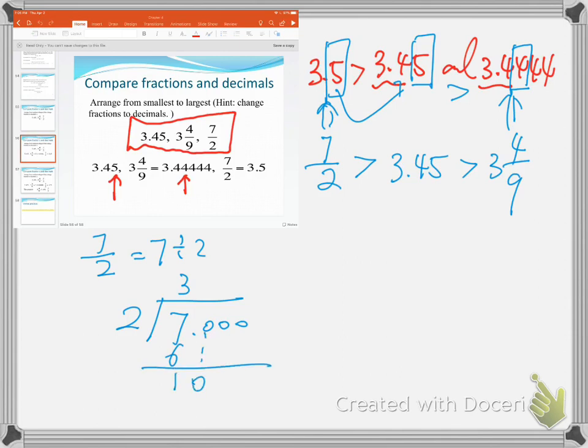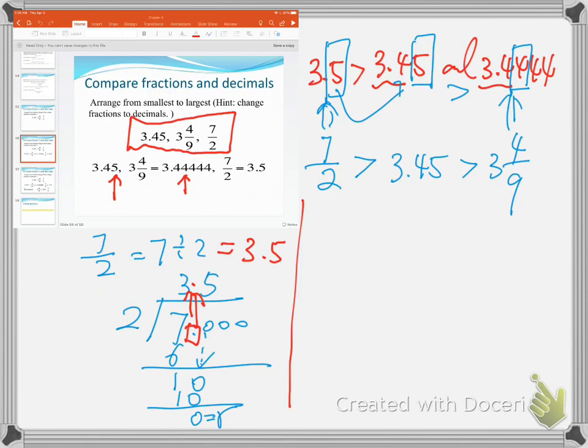Bring down 0. 10 divided by 2. We pretend there's no decimal points here when we divide. Okay. 10 divided by 2, 5. And remember, the answer is not 35 because we have to put a decimal point on top of the decimal point. So the answer is 3.5.